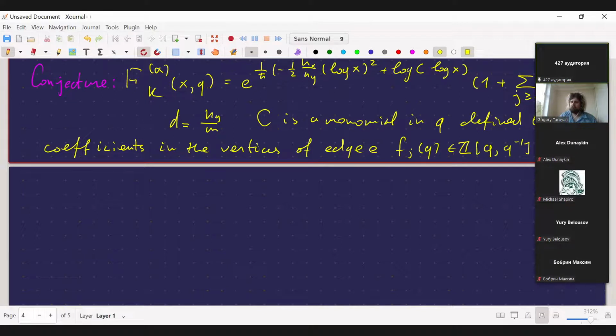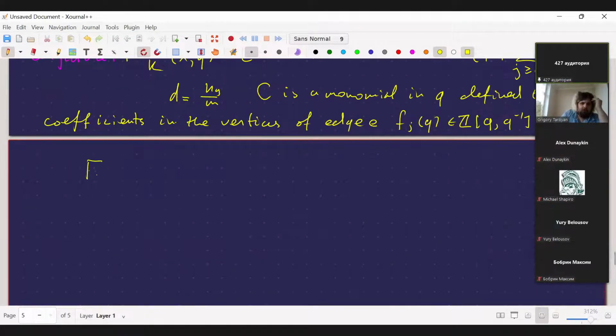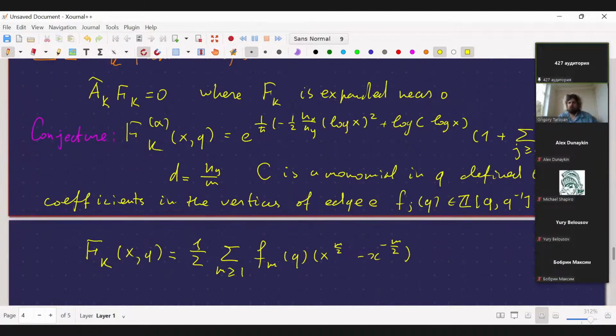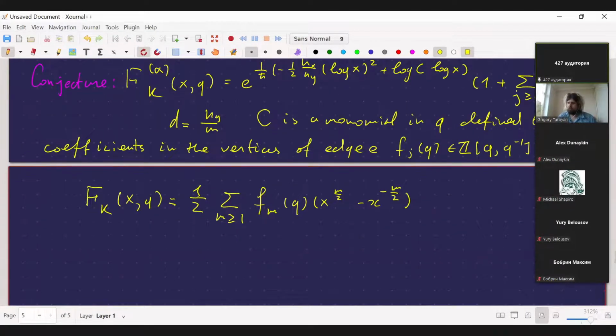We recall that another definition of FK polynomial was that we can decompose it like this. Yeah, so those have the same polynomials. For ny equal to 1, this conjecture becomes a theorem.